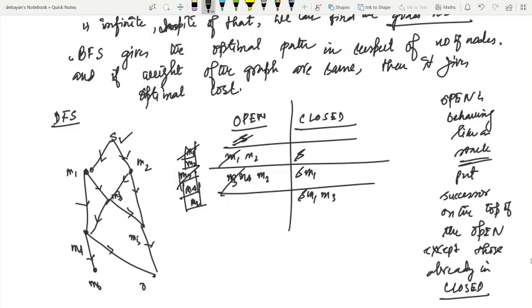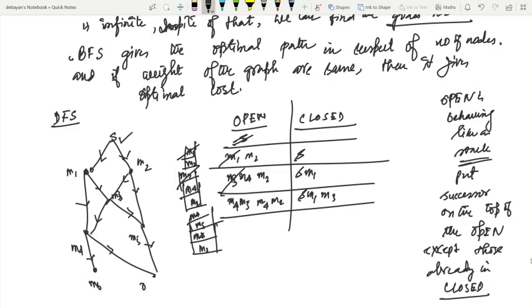From M3 there are M4 and M5. So M2 is there, M4, and from M3 there are M4 and M5, so we can put M5 and M4. It is again M4, M2, like that.